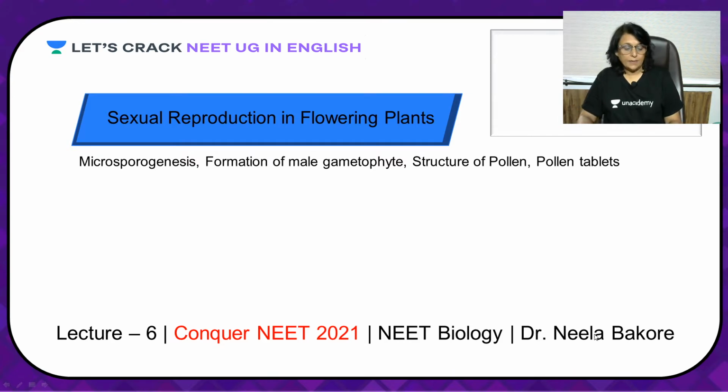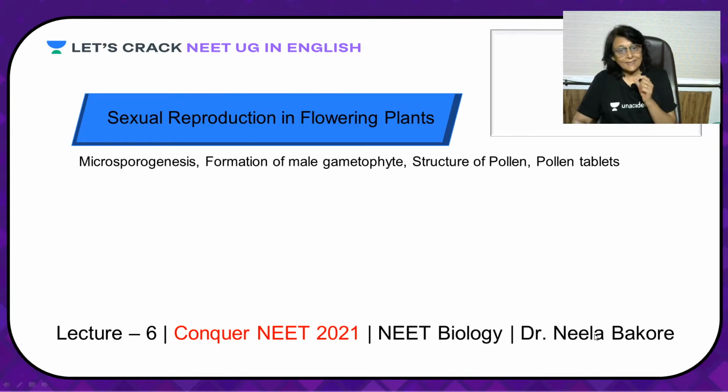Everyone, and we are going to start with the next part of this chapter, that is sexual reproduction in flowering plants. In the previous lecture we studied the internal structure of the anther, even the wall, that is the 4 layers of anther wall.